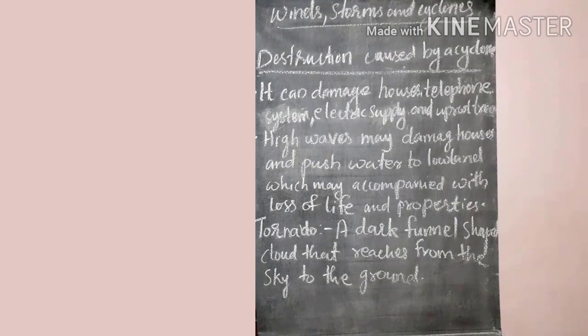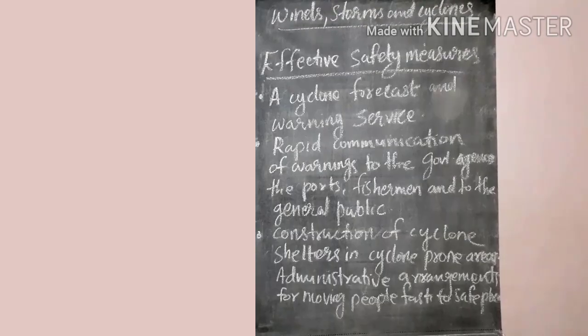Sometimes tornadoes are formed within cyclones. What is a tornado? A dark colored funnel-shaped cloud formed from the sky to the ground. That is called a tornado.